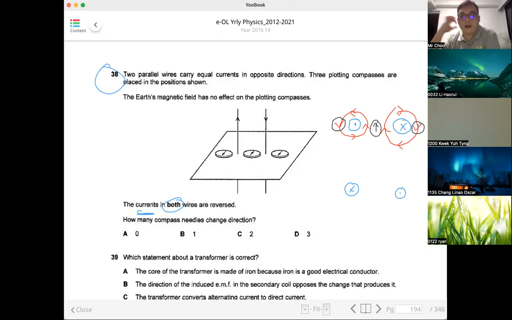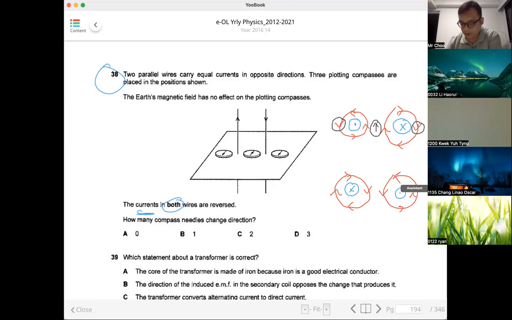If I were to reverse, let me draw the magnetic field line. Ryan, take a look. If I were to reverse, this one will be like this. And then this one going in, then coming out will be like this.